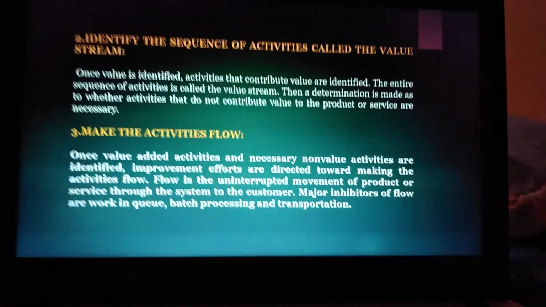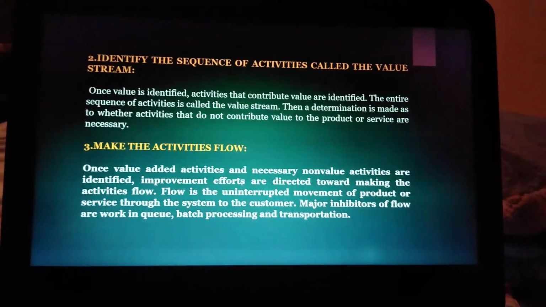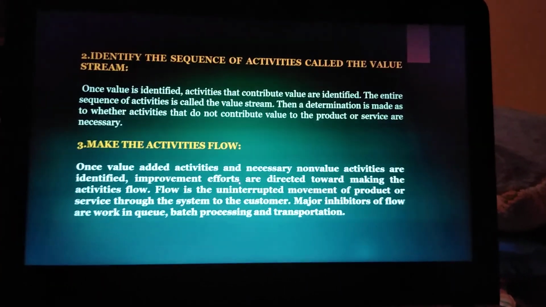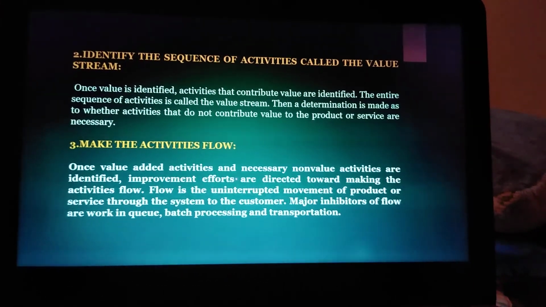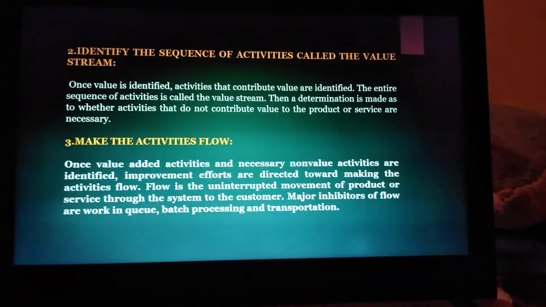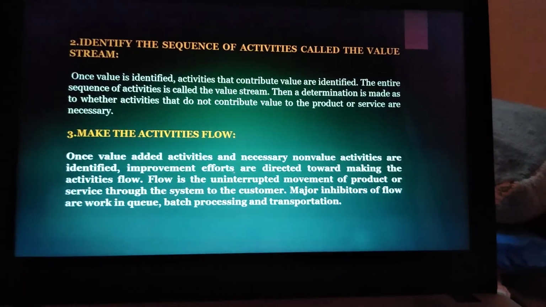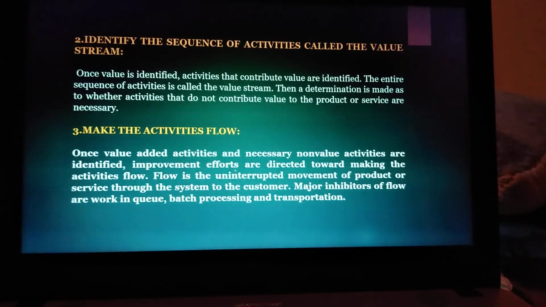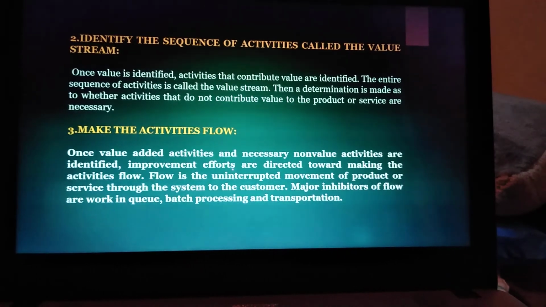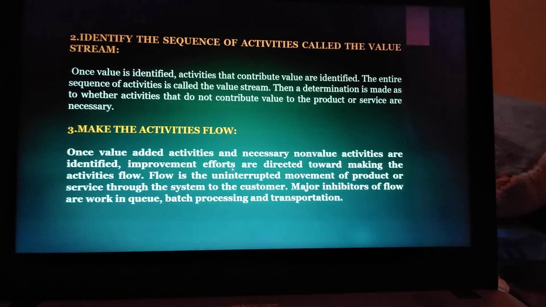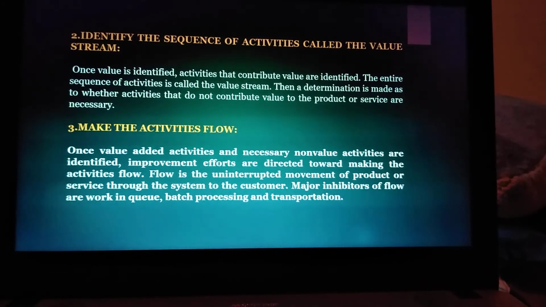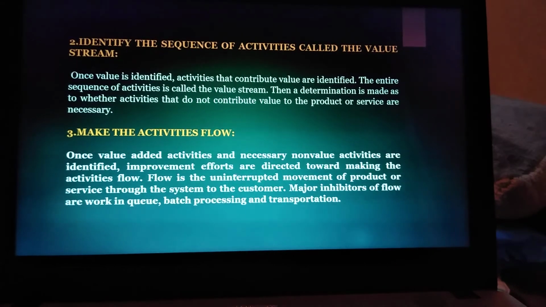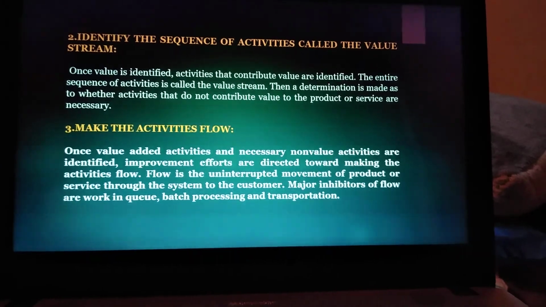Then a determination is made as to whether activities that do not contribute value to the product or service are necessary. Make the activity flow. Once value-added activities are identified, non-value-added activities are removed. Improvement efforts are directed toward making the activity flow.